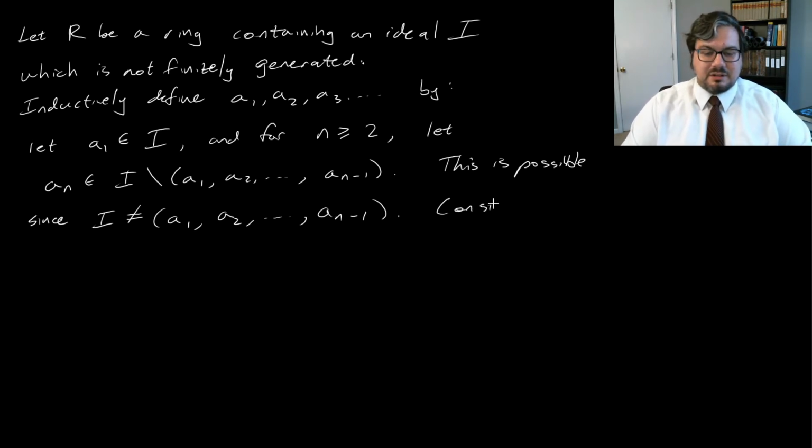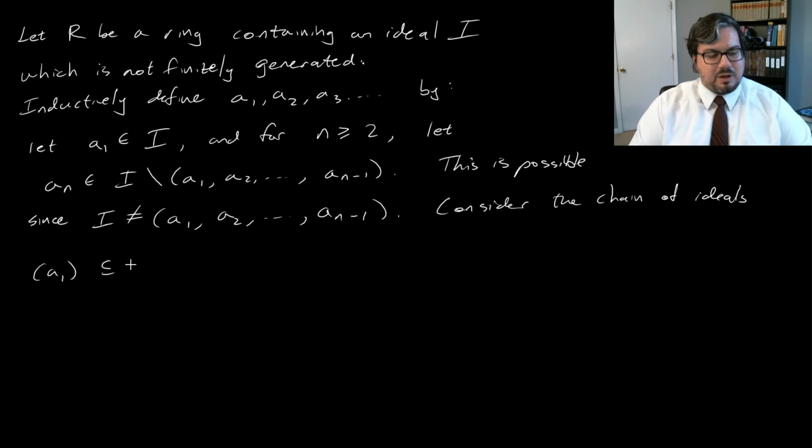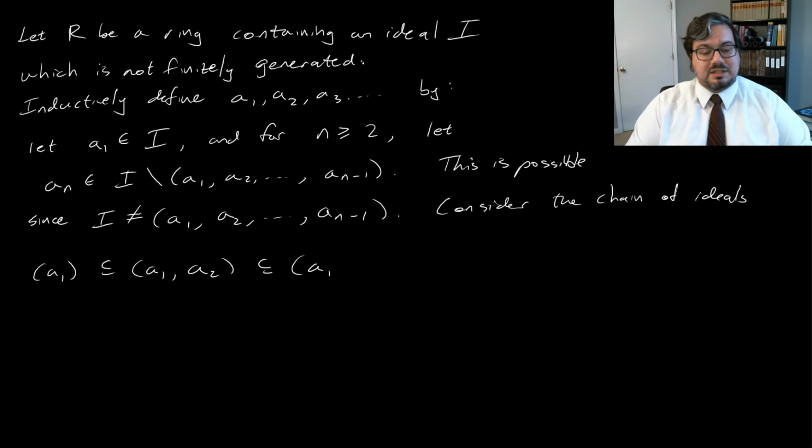So now consider the chain of ideals: the ideal generated by a1, which is contained in the ideal generated by a1 and a2, which is contained in the ideal generated by a1, a2, and a3, and so forth and so on.